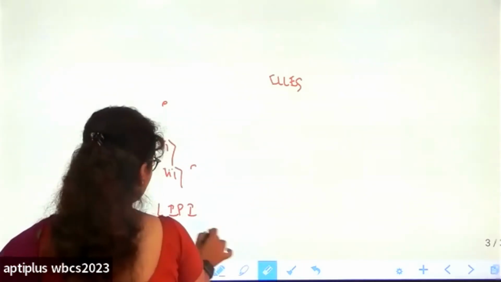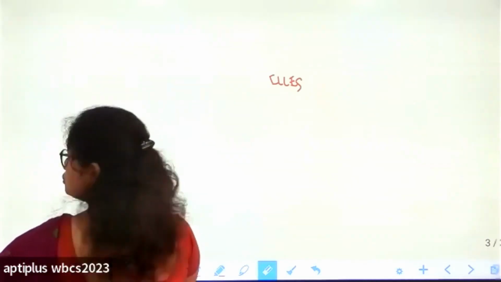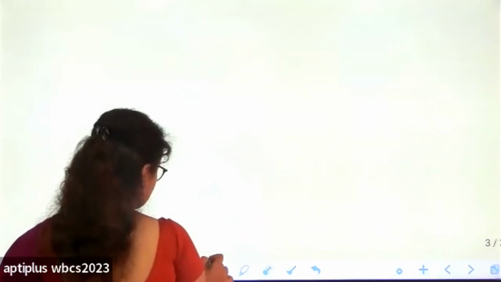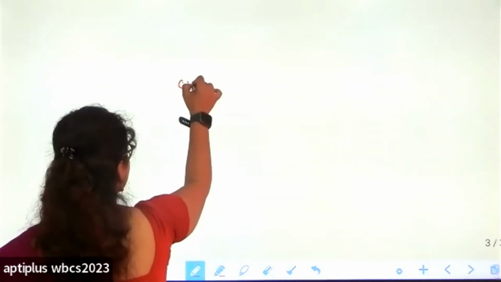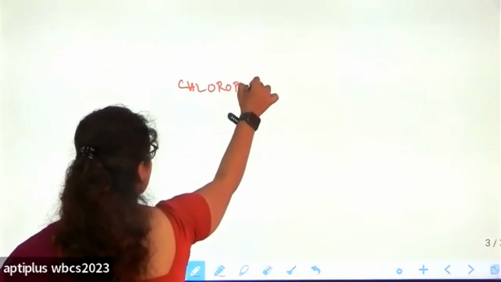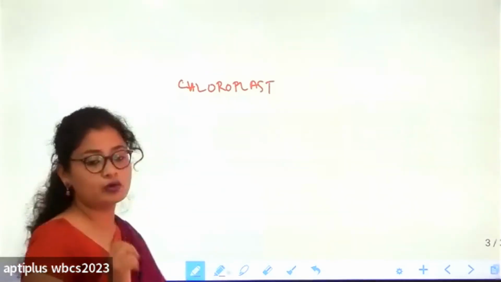Okay, now chloroplast is something which will only be present in a plant cell. So the main function of chloroplast, so chloroplast is our next important cell organelle. The main function of chloroplast, as we all know, is photosynthesis.